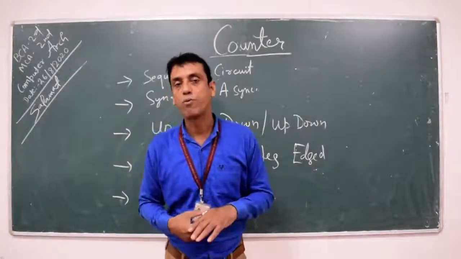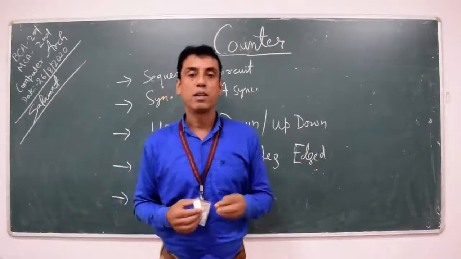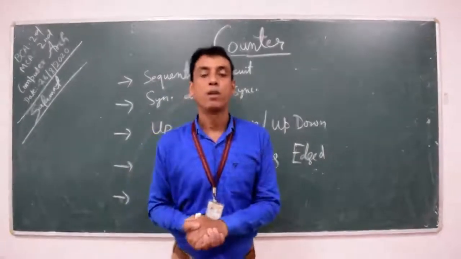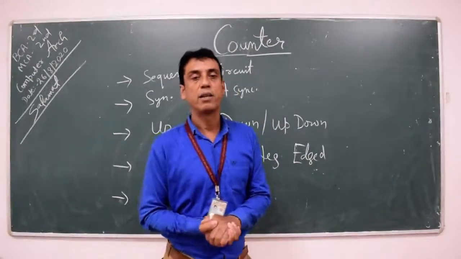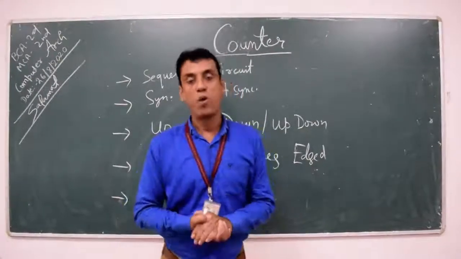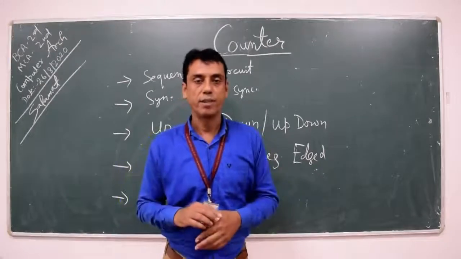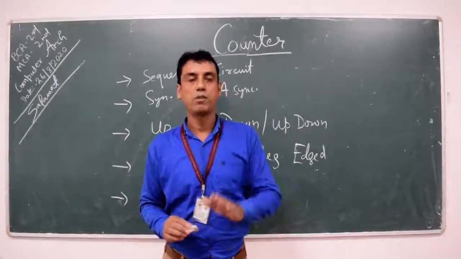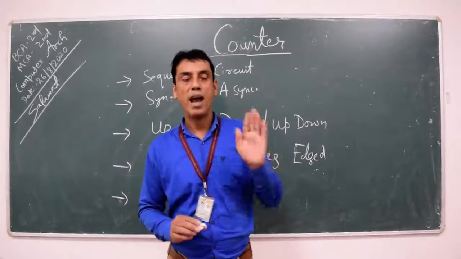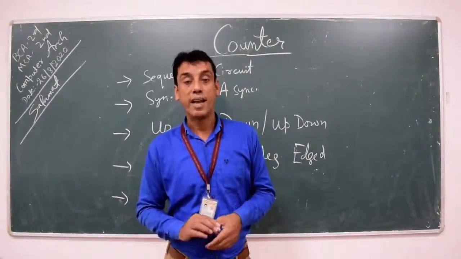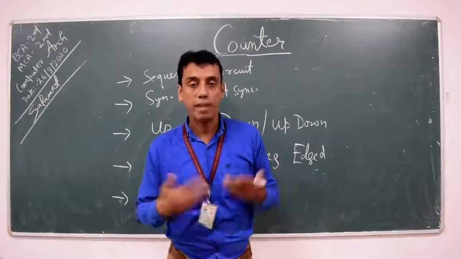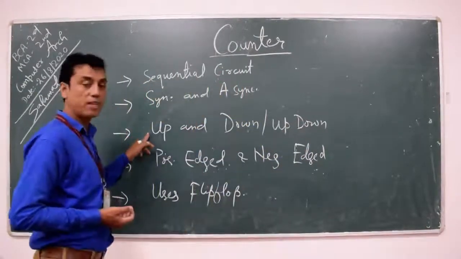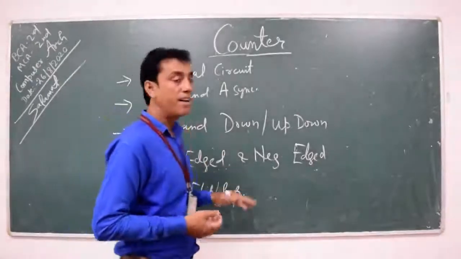But in the case of synchronous counter, all flip-flops available inside the counter circuit are triggered when the counter is triggered. As I have already mentioned, it is not possible to understand the synchronous and asynchronous design of the circuit at the very starting moment. When the session ends, you will understand. Now jump to the next point, up and down counter.